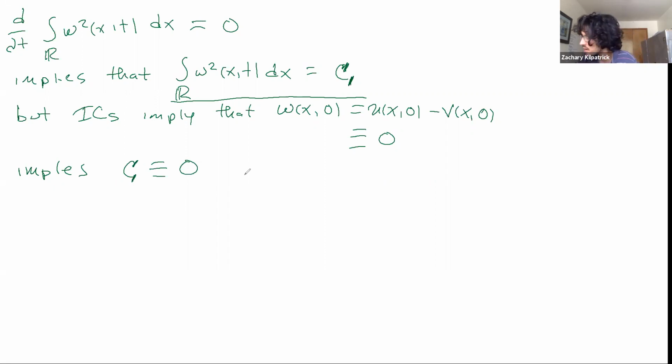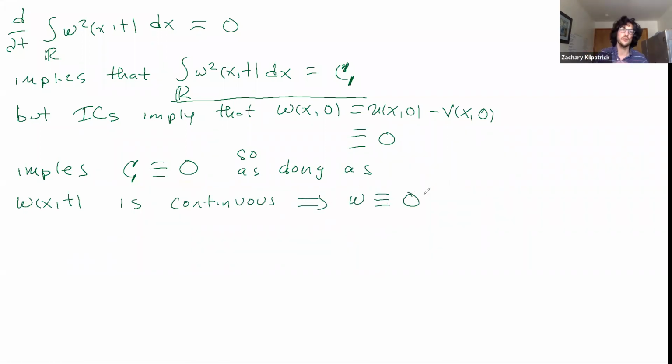So as long as W of (x,t) is continuous, this implies that W is equivalent to 0.